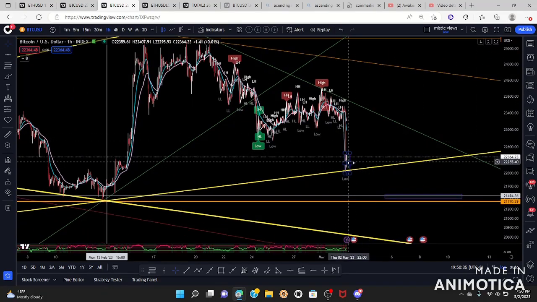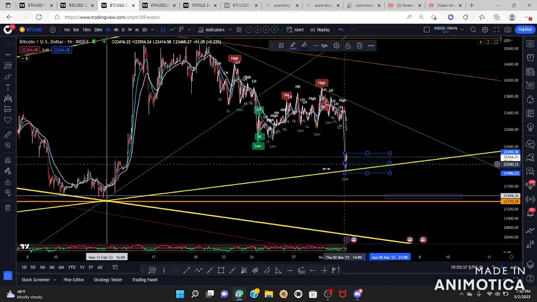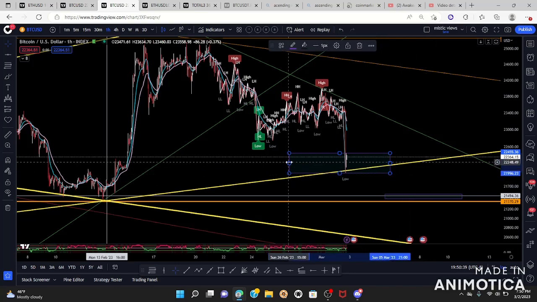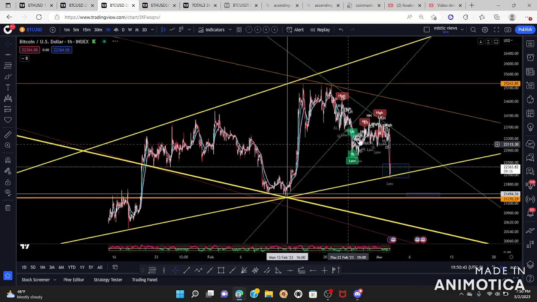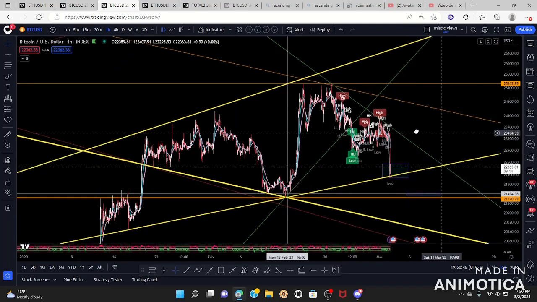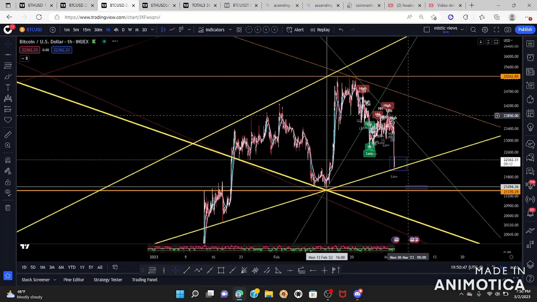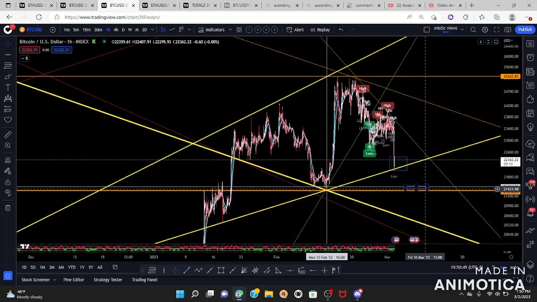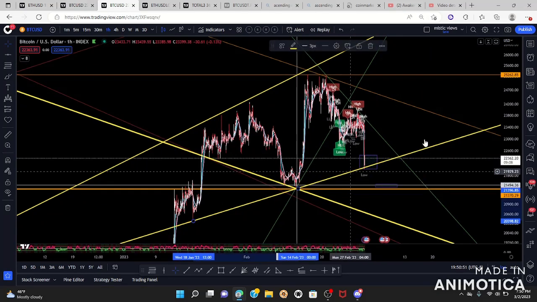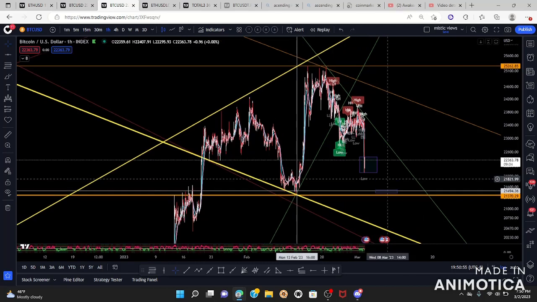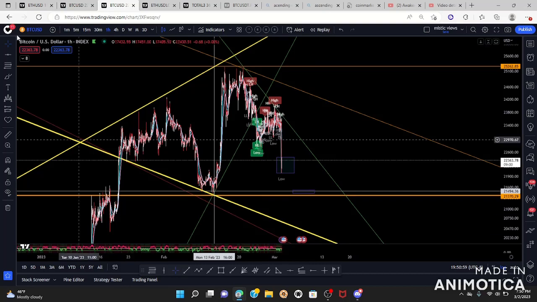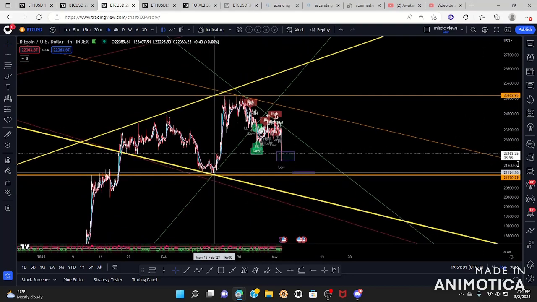Consider this range, beautiful range for your next setup to get that long and play this ascending megaphone, or you could play a beautiful short to my 4-hour target of 21,494, or again within this huge megaphone too. That could be a possibility too.